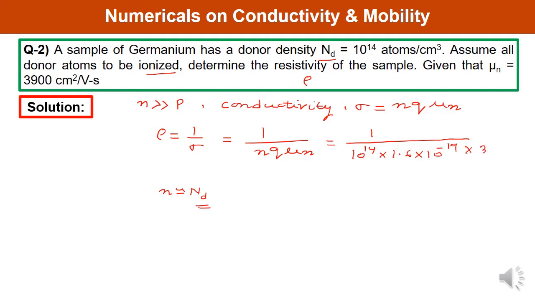And mu N is given as 3900. Simplify it and you will get the solution as 16.03 ohm centimeter. This is the resistivity, which is the required one you have to calculate in the given question.